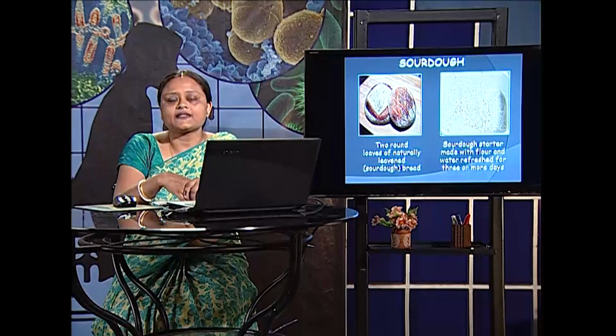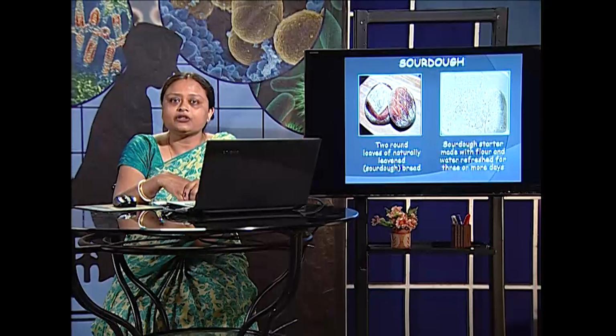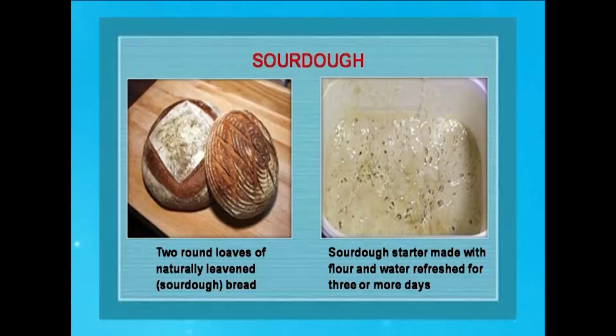We move on to the last type, that is the sourdough method, where a lot of other organisms are involved in the leavening process. This has been coming down from ancient times, and the sourdough process still exists in the world. Now, basically, we see that here, other than yeast, there are lactobacilli involved in the fermentation steps meant for leavening.